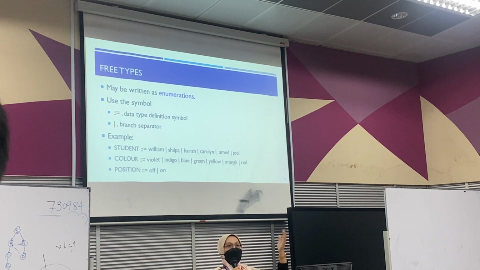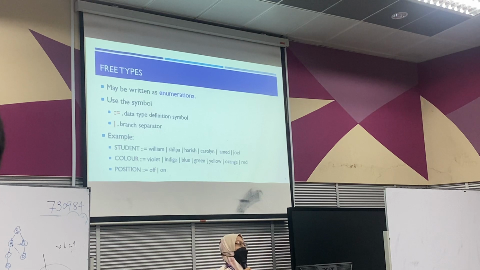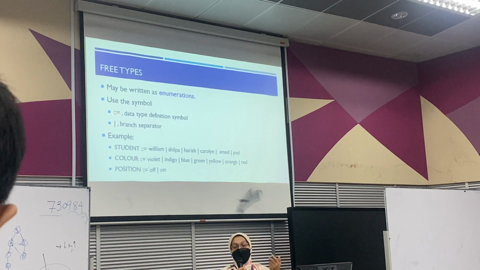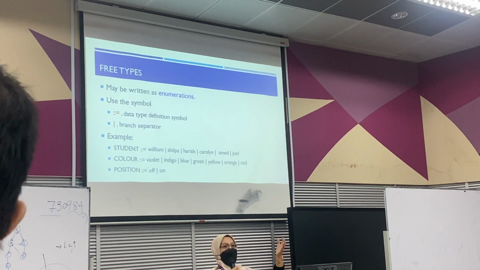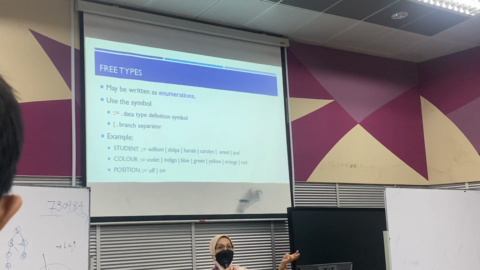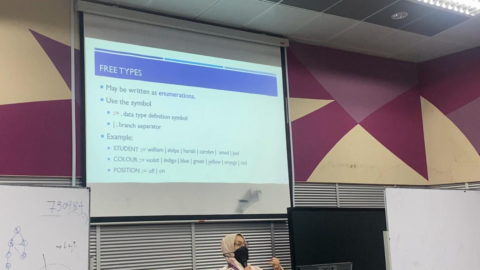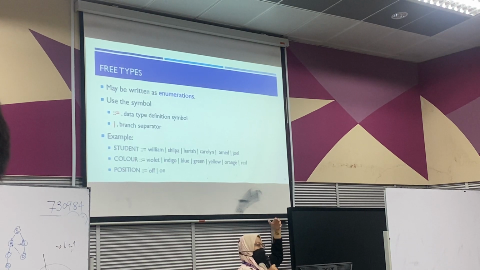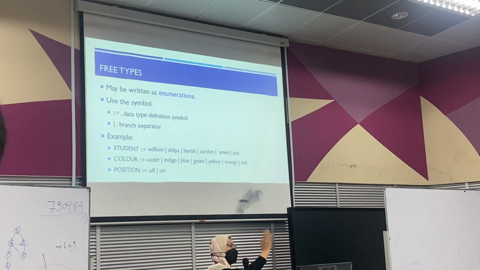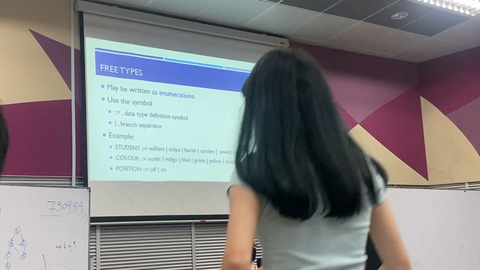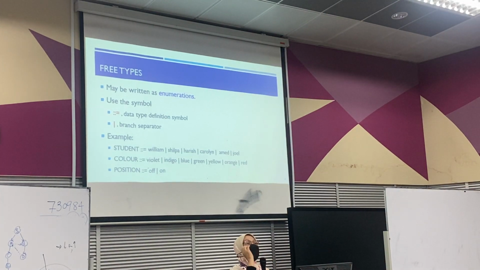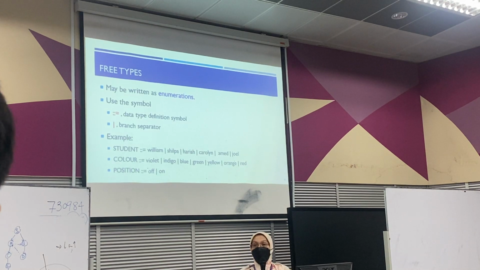Let's say in our university, we have admin staff, we have lecturers, we have students. Maybe also you want to say we have the dean, we have the president. So you want to show the job title for each, then you can use free type.